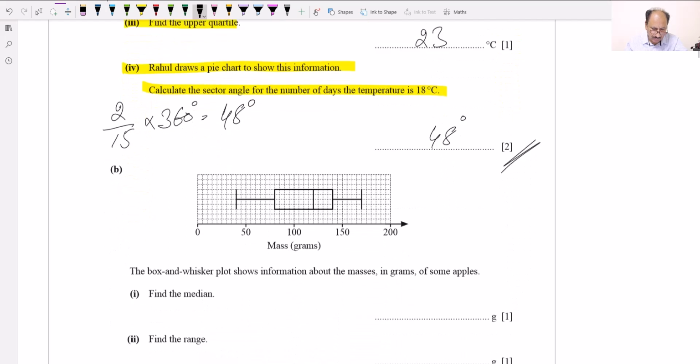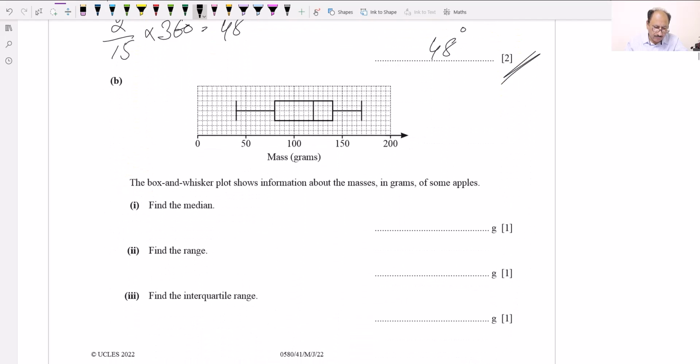Hopefully you understood this. Now for part B, a box and whisker plot is provided, and the box and whisker plot shows information about the masses in grams of some apples. Find the median. The median will be this line which is represented over here, this is the median line.